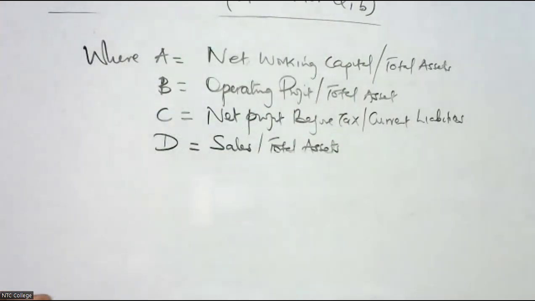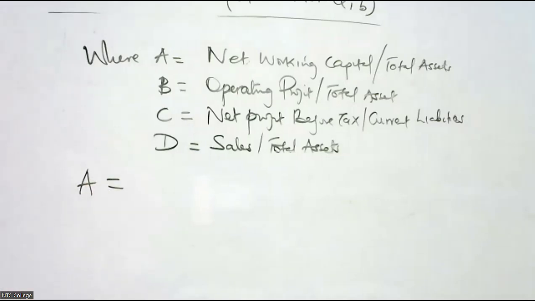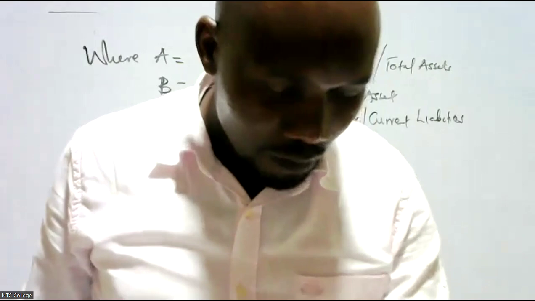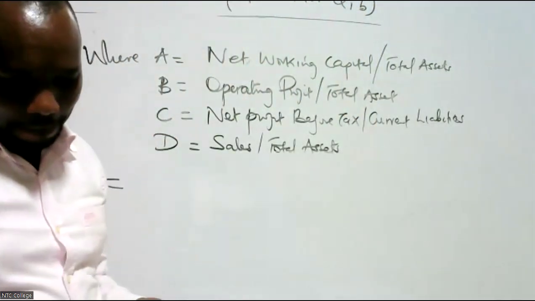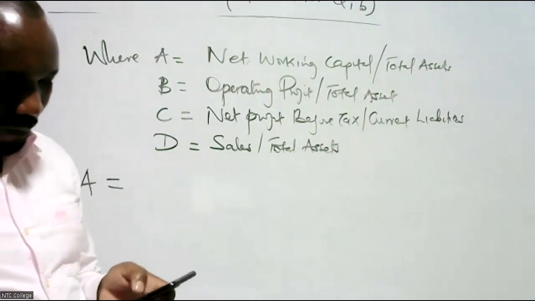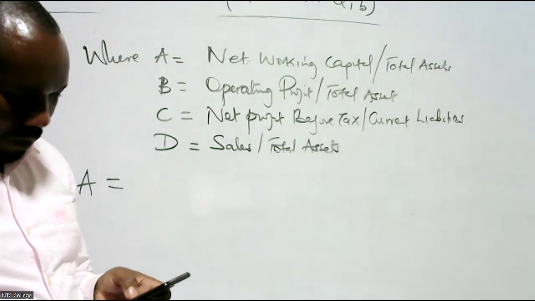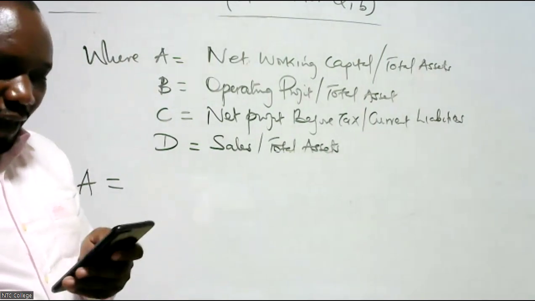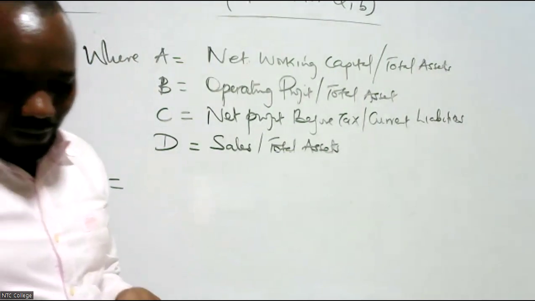Now, what do we start from? A. So A, we are told that A is net working capital over total assets. From the information that we have, what is the value of net working capital? Net working capital you are given as negative. They have written it there, net working capital negative 1,777.